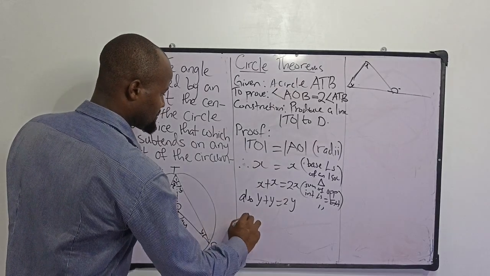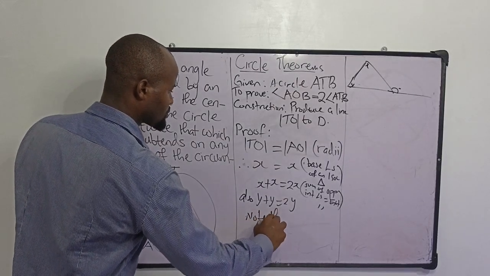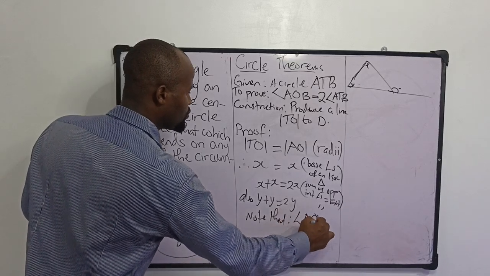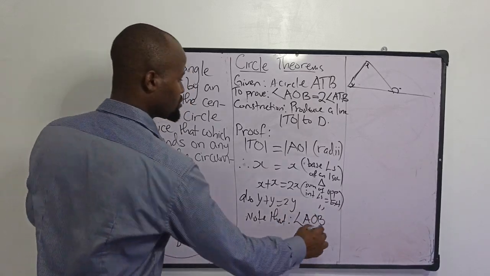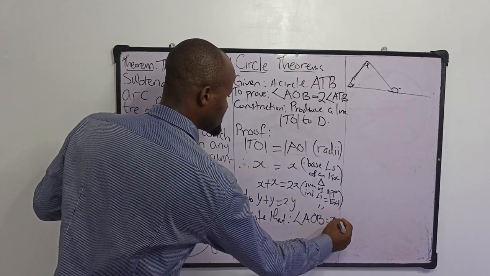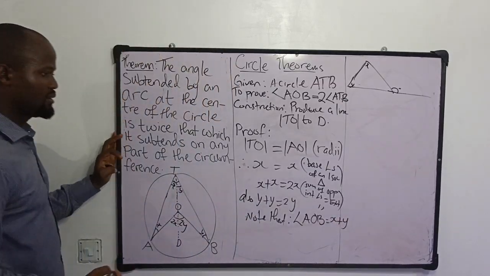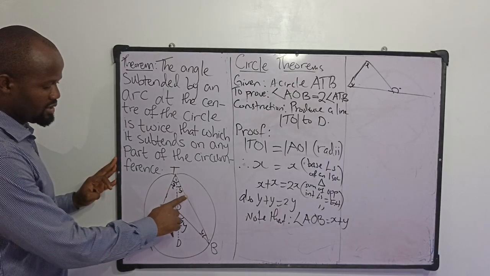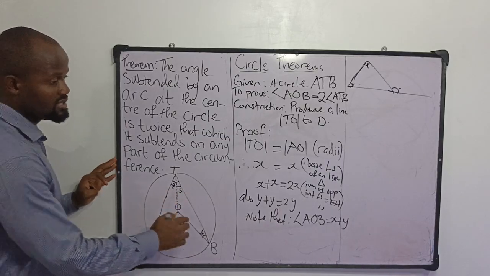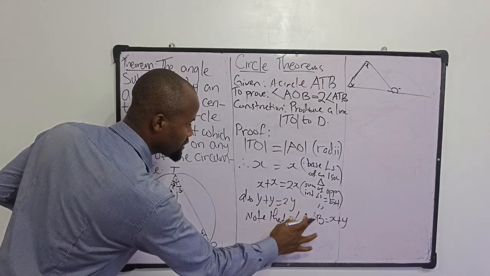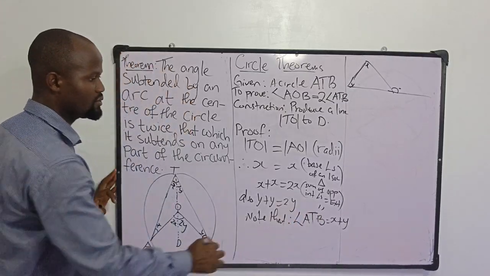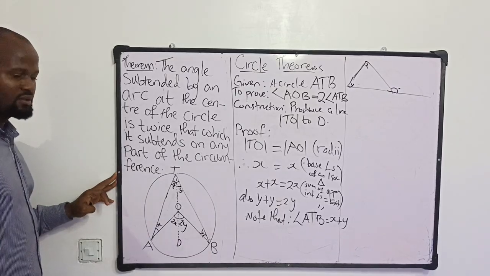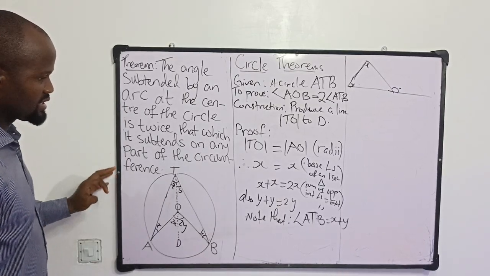Now note that angle AOB equals x plus y. And that is obvious because this is the angle ATB, angle ATB equals x plus y, and that's angle ATB, right? ATB equals x plus y.